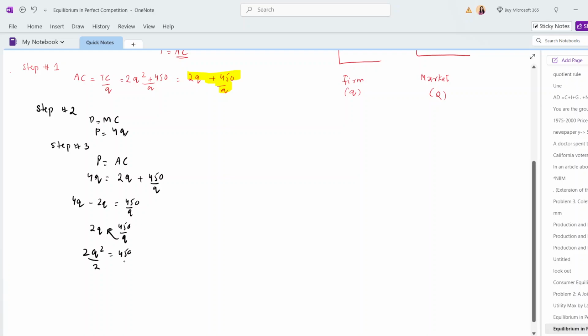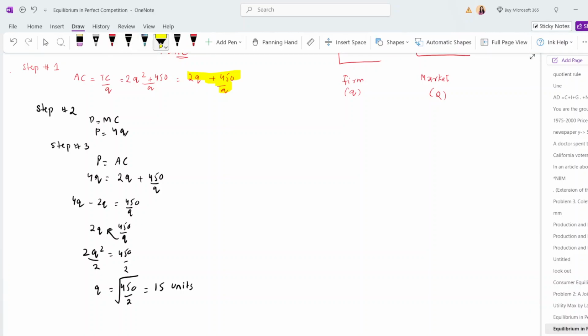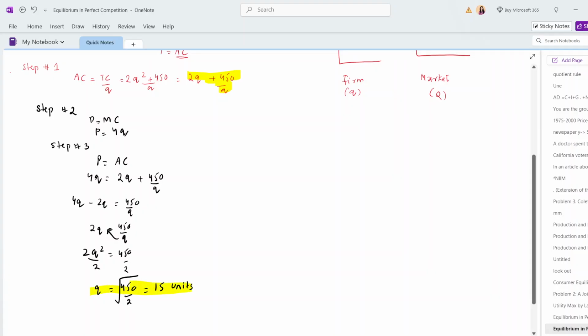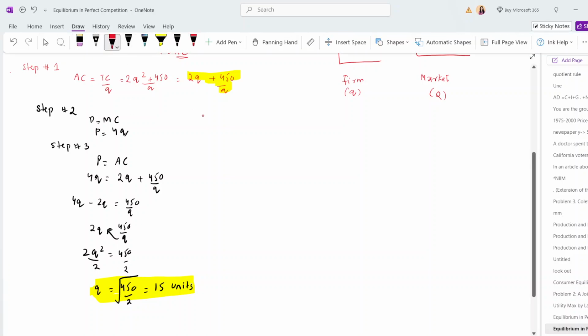Now divide by 2 on both sides and then take square root. So Q here would be the square root of 450 divided by 2. And after taking square root, I will get quantity as 15 units. It was irrelevant in this case because we're interested in finding out price, not quantity. So we're going to use this information to find equilibrium price.